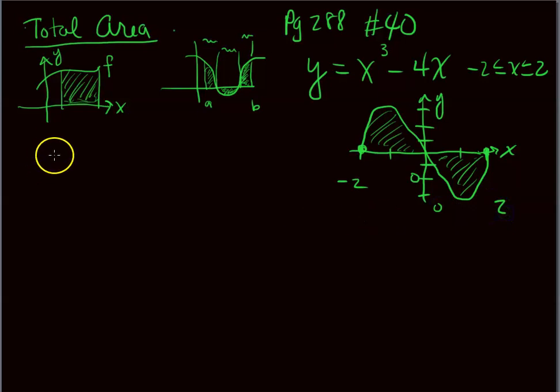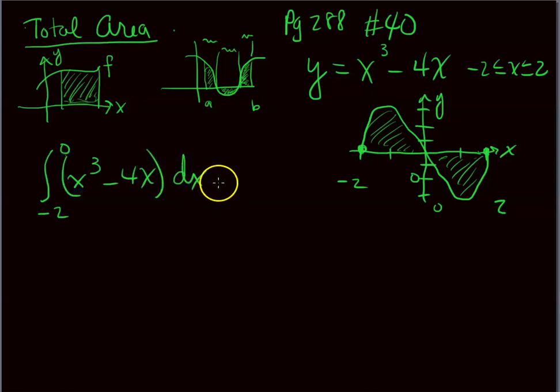So we take it from negative 2 up to 0, the function, which is x cubed minus 4x, dx. You add to that from 0 to 2, the same function, x cubed minus 4x dx.